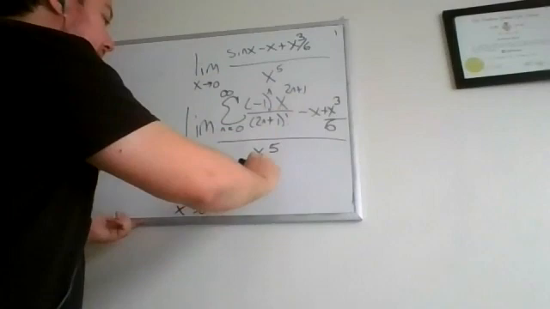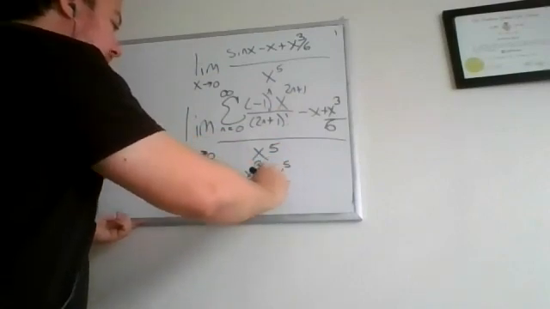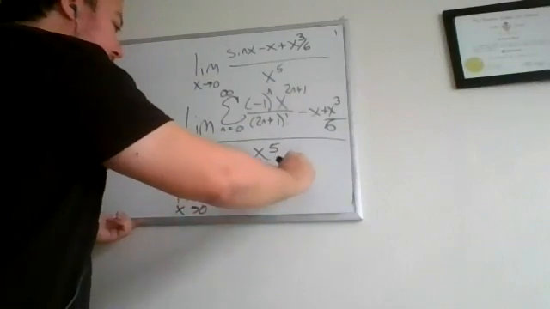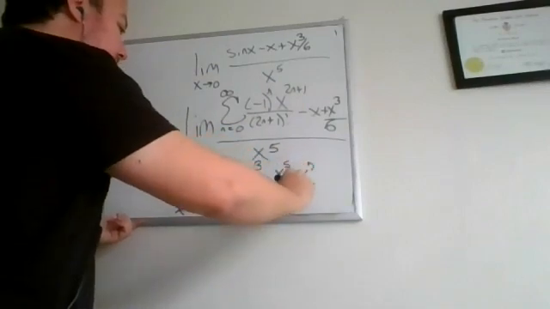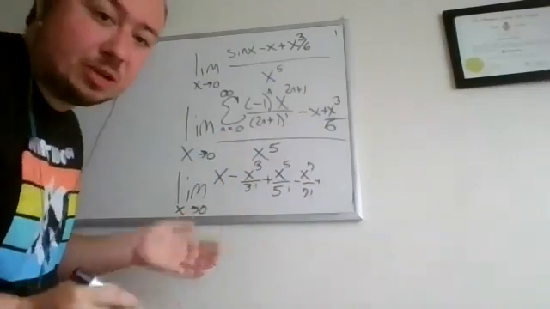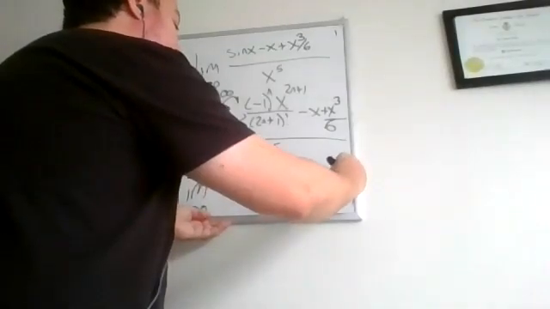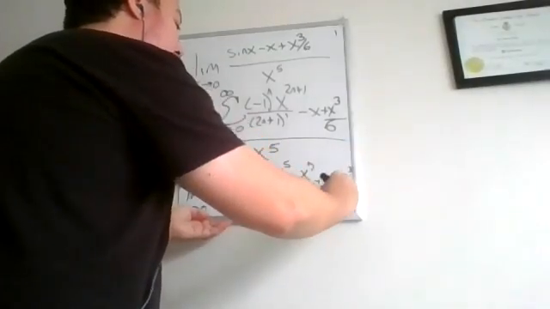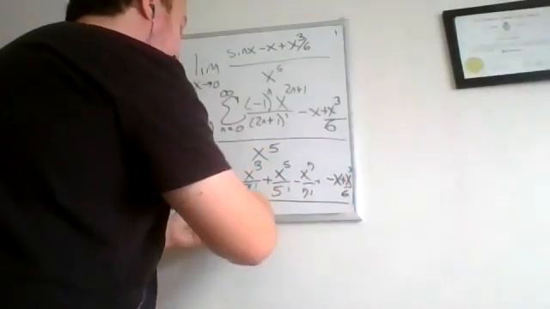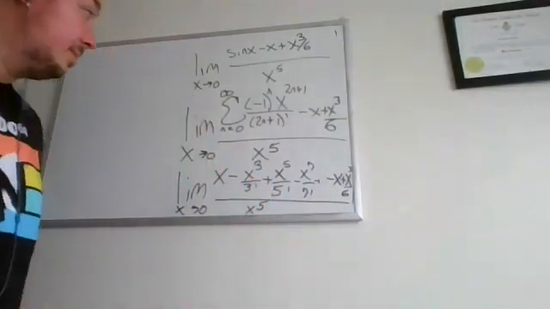And then let me do 2 more here. x to the 5th over 5 factorial minus x to the 7th over 7 factorial. And at that point, it would kind of just keep going on. I don't think we're going to need more terms than that. And then I'm going to take away x, and then I have this x cubed kind of crammed in the corner. And remember, all of this stuff was divided by x to the 5th.